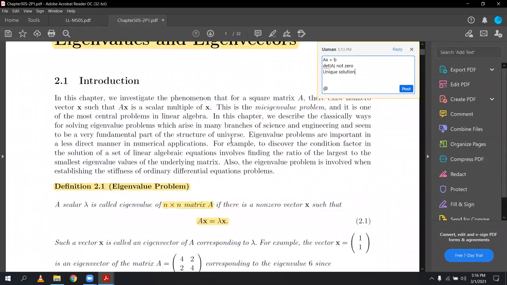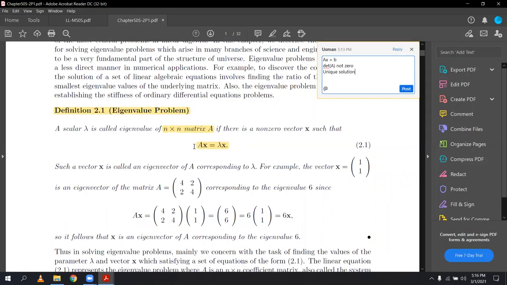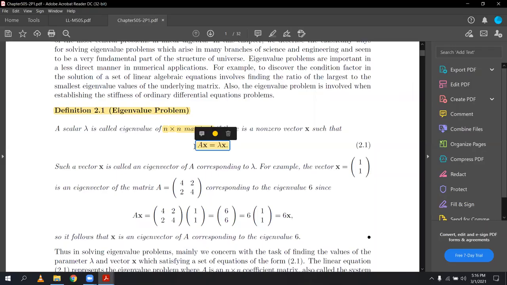Just a shortcut here now. This is the main equation for the second part, which we call the eigenvalue problems. We are given a square matrix, and there is a non-zero vector x.